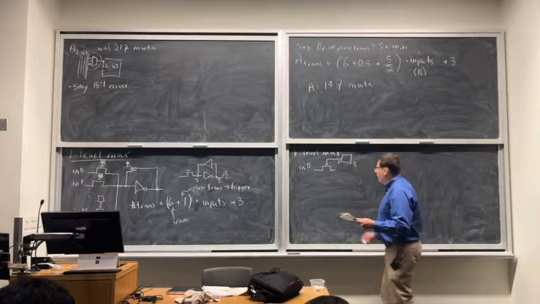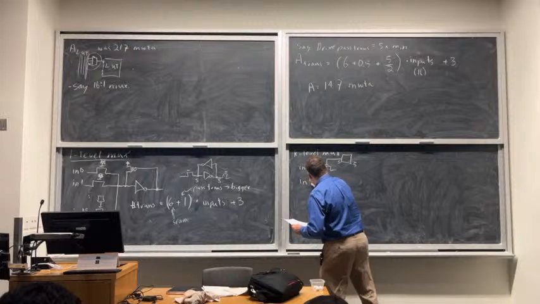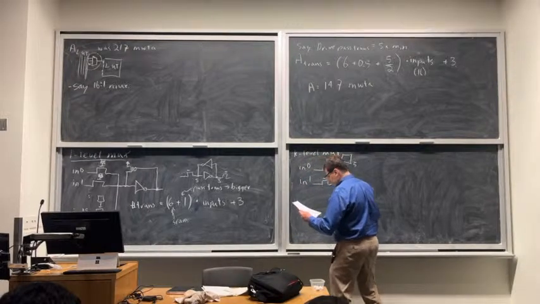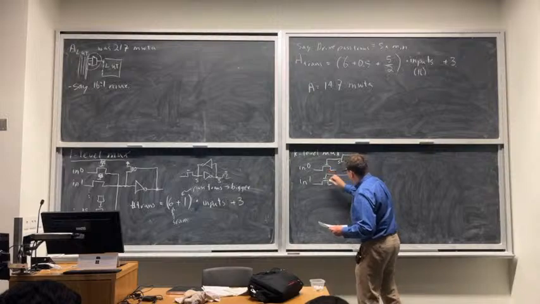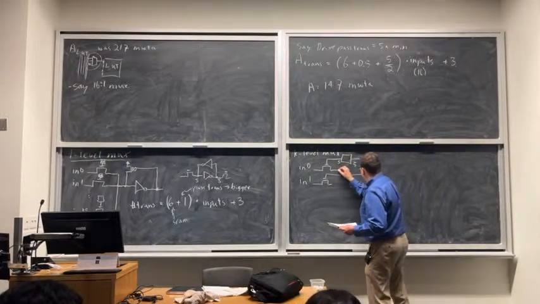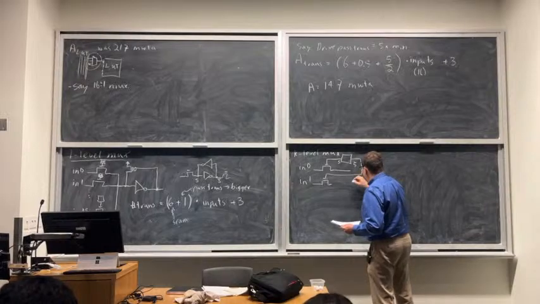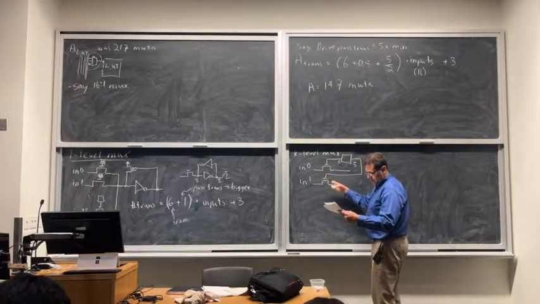Okay, so here's my input 0. And I have to draw a few of these inputs before you can see the pattern. So here's input 1. So this first SRAM cell, if it's a 1, it selects this transistor. And if it's a 0, it selects this transistor.